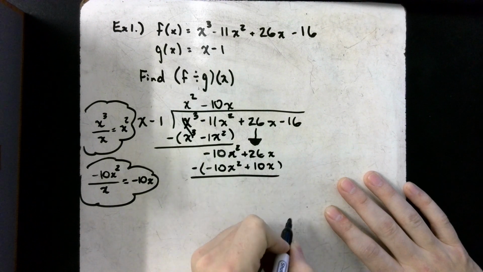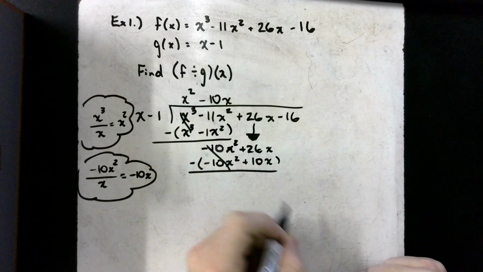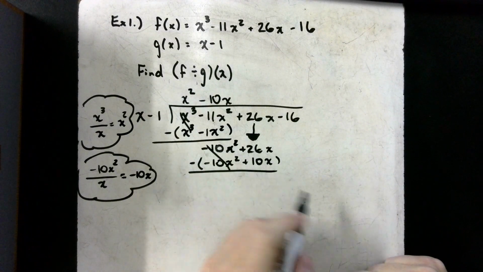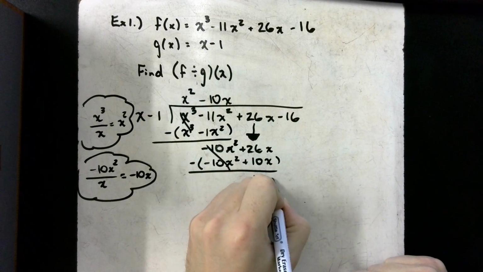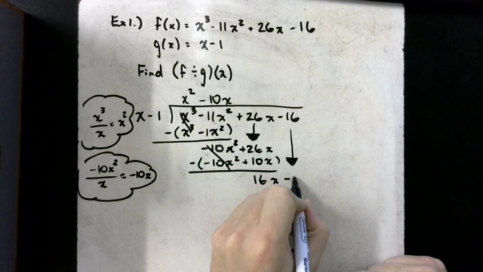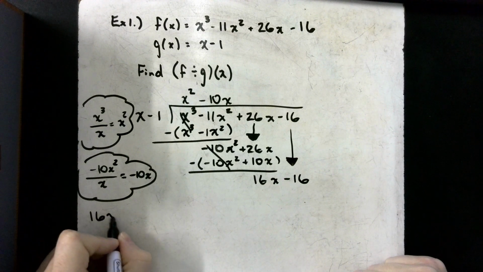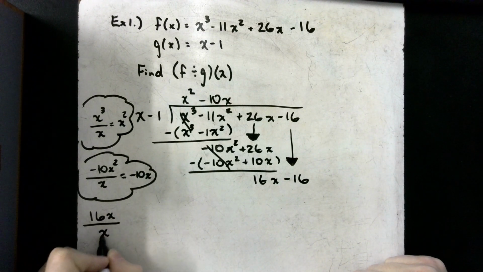And we subtract. These two should cancel, and they do. And then 26 minus 10 is 16x. We can bring down our negative 16 here and take our term, 16x, and divide it by x.